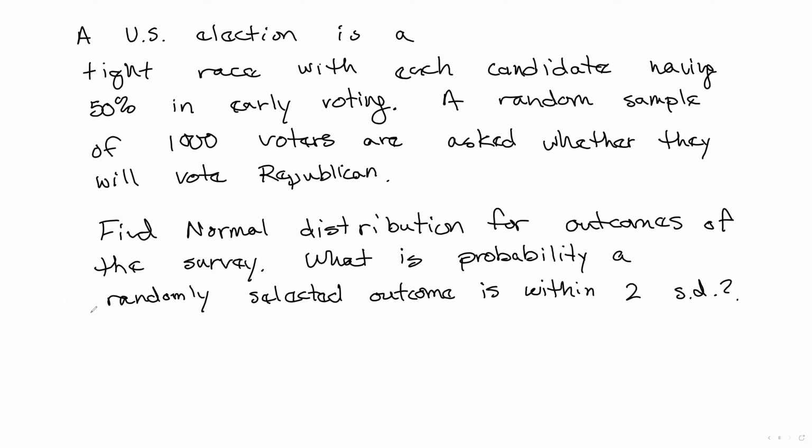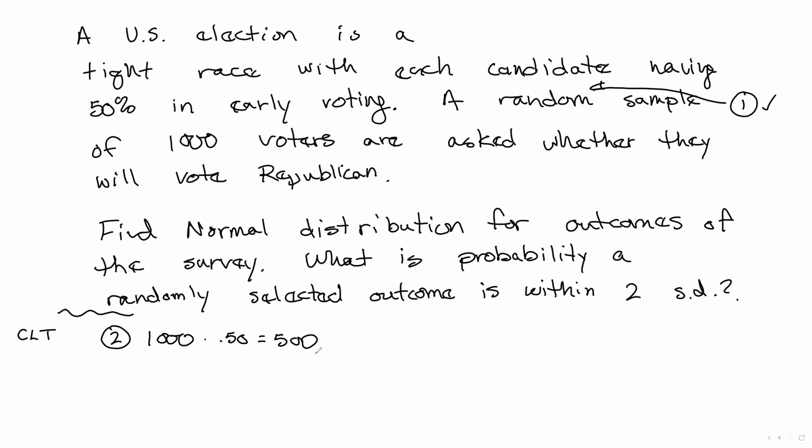Okay, so to do this, we need to apply the central limit theorem. So we have our central limit theorem checks. Check 1, randomly selected, a random sample of 1,000 voters. That's our number 1 right there. We're going to call that checked. Check 2, we take the size of the sample, that's 1,000, multiply it by the percentage they gave us, times 0.5, and we get 500.